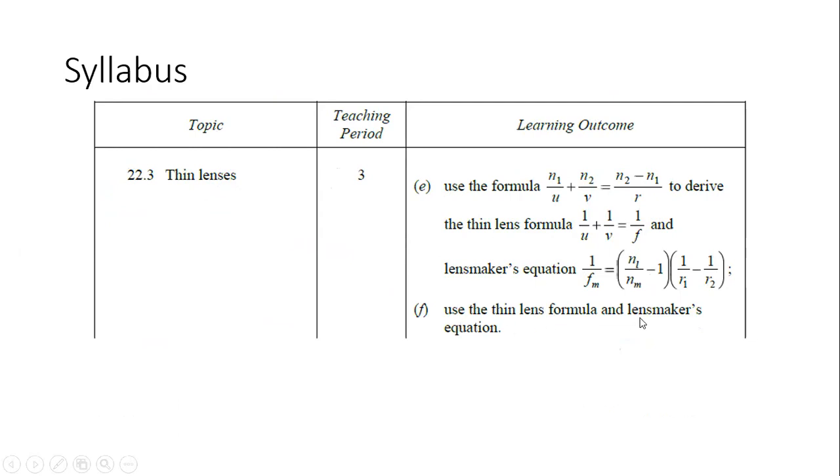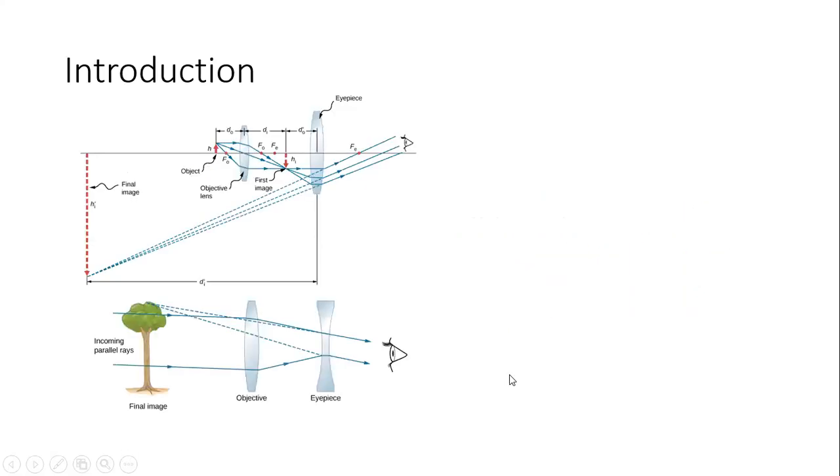Use the thin lens formula for the lens maker's equation. It means you need to know how to use this equation and this equation, and how to derive this equation. That's your SPM work.